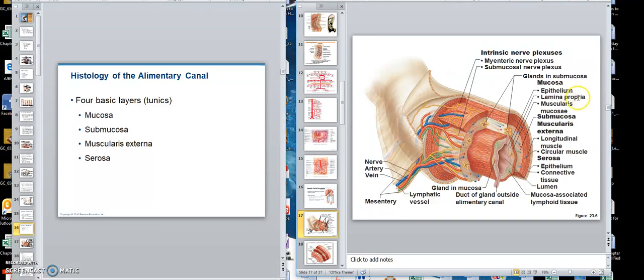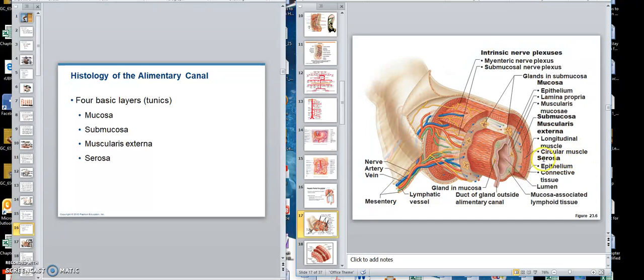Then we go to the lamina propria, muscularis mucosa. Then we go to the submucosa, which is really connective tissue. Then we go to the muscularis externa. The muscularis externa has, as I said, longitudinal muscle to shorten the gut, and circular muscle.